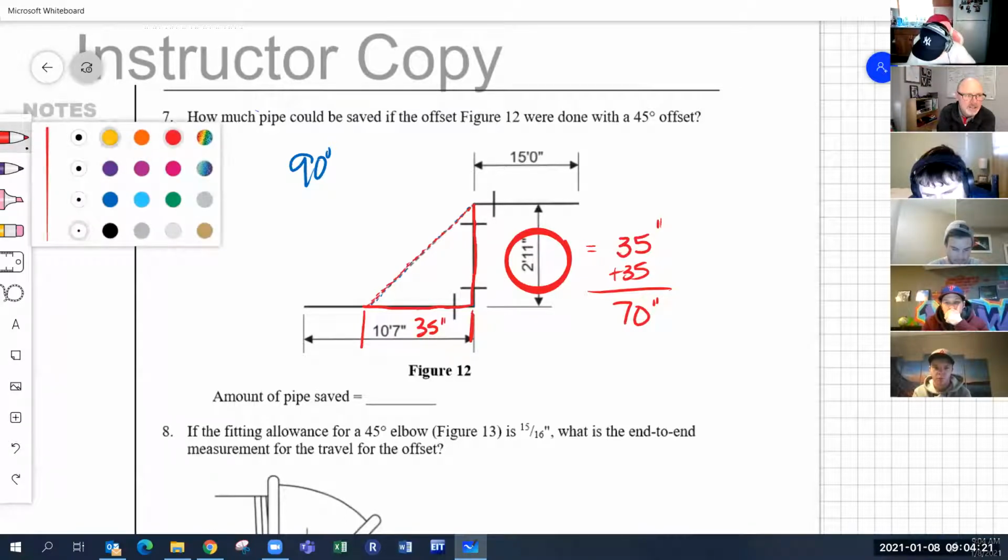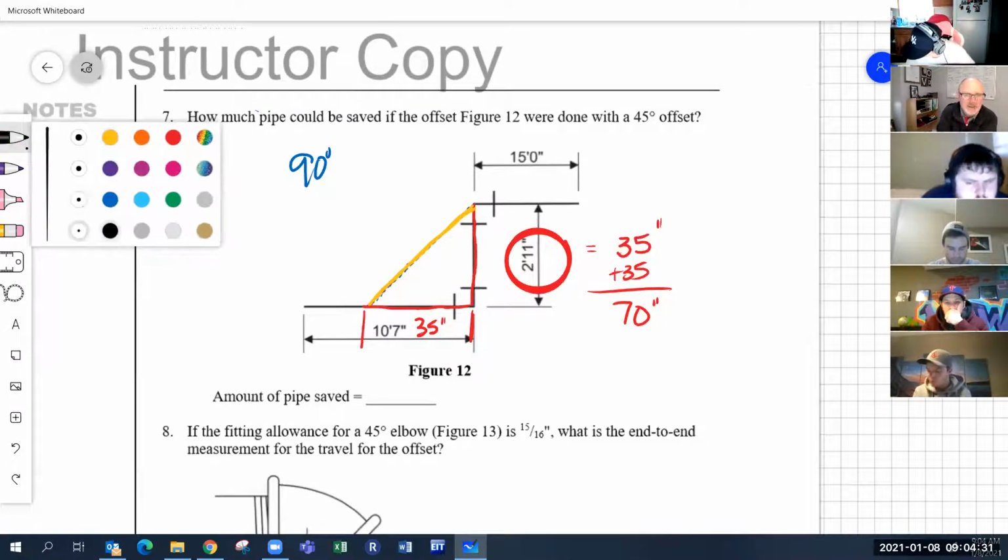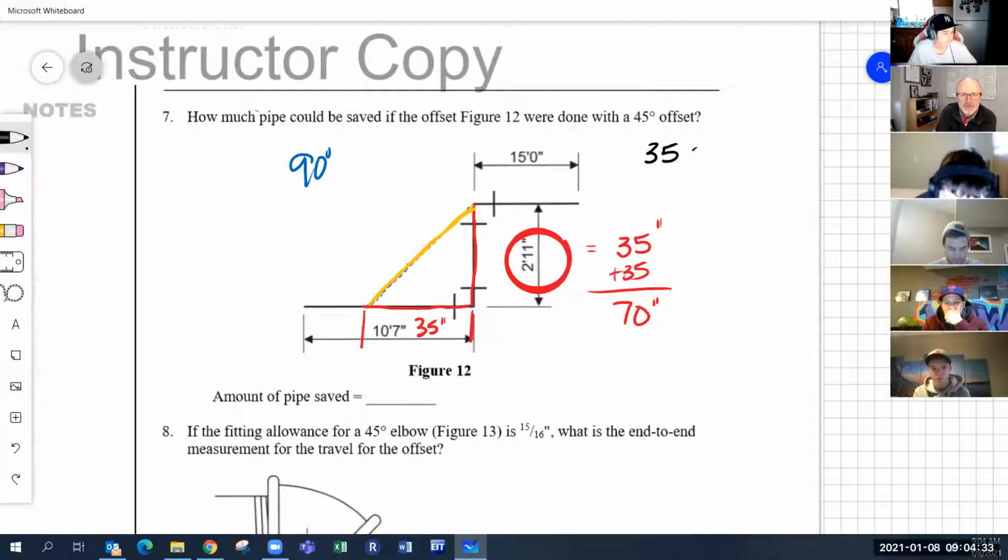Now, this is the proposed line right here. To find out what that length is, I simply have to take 35 and multiply by 1.414, and that equals 49.49.